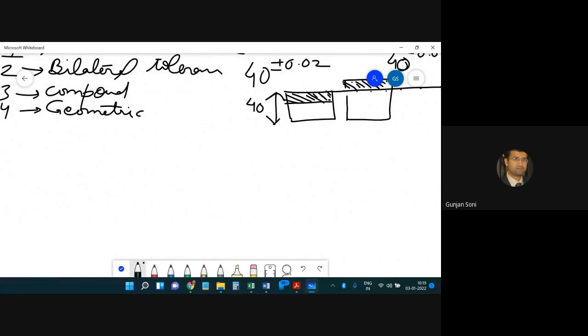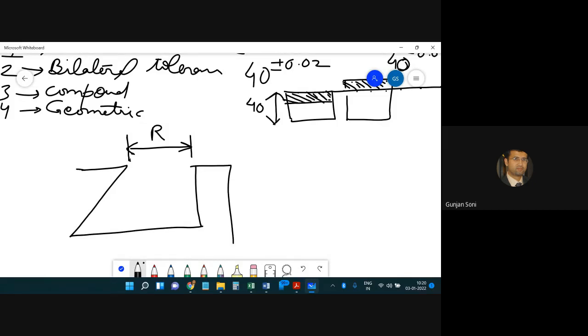So in the compound tolerance, I'll make a figure first. So let's say you have a figure like this. This distance we are saying is R. And you can say this recess has to be manufactured.